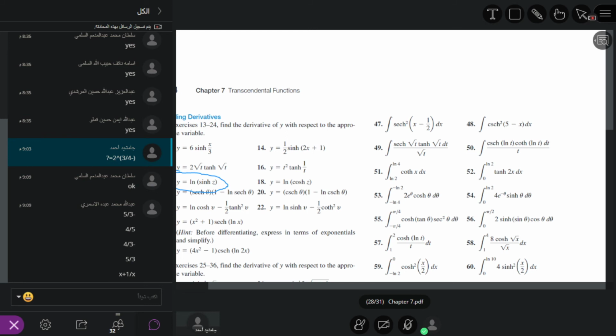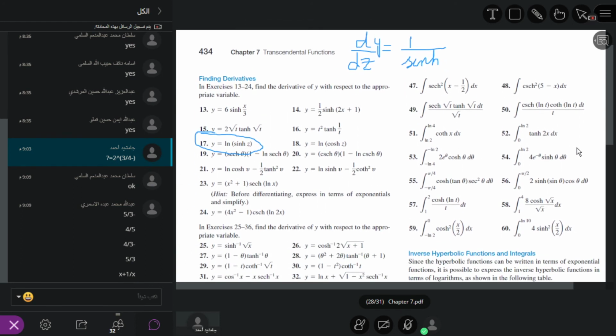So first we have to take the derivative with respect to z. So dy over dz is equal to 1 over sine hyperbolic z dot derivative of sine hyperbolic z, which is equal to cosine hyperbolic z.